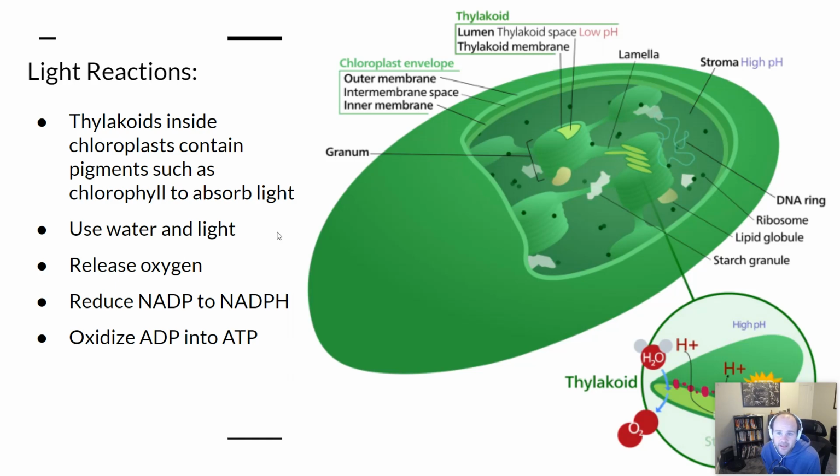So within the thylakoid, there are structures that contain pigments, the most famous of which, chlorophyll, I'm sure we've all heard of, that absorb light. So these pigments are absorbing light to carry out some reactions. These light reactions are going to utilize water coming in, and they will end up releasing oxygen.